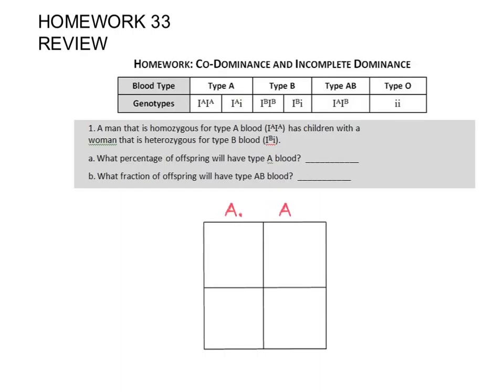Then a woman who is heterozygous for B blood type, and it shows you what it is. So I want you to put a B down there for her. And then I want you to put a little i down there for her. And remember, I told you to ignore the capital I. So you're going to just put a little lowercase i right there for her other one.